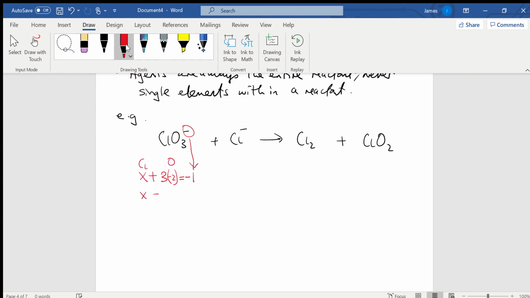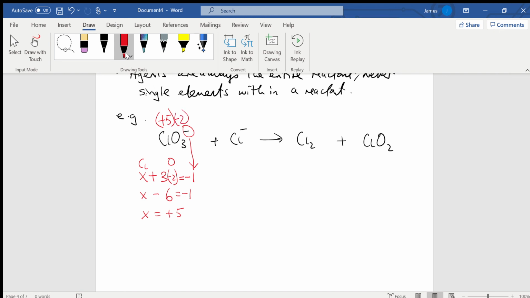So I've got X minus 6 is -1. Add the 6 to the other side. X is +5. Okay, so I've got chlorine +5. I'm going to put it above here. Above or below doesn't matter. And then oxygen is -2.